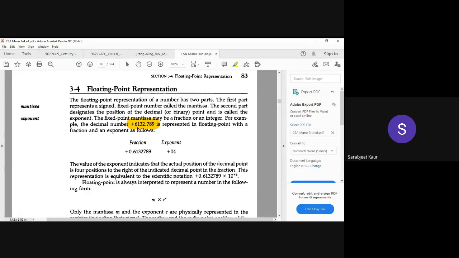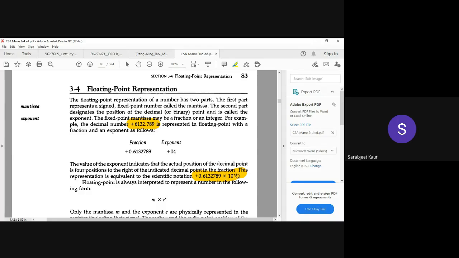So how will I do that? This is actually equivalent to this. Yes or no? When I take the decimal, see, I'm just taking the decimal 4 points to the left. So I need to multiply it with 10 raised to the power of 4.